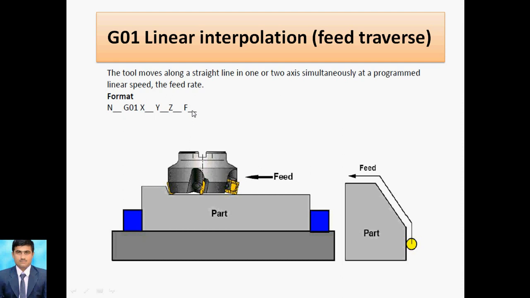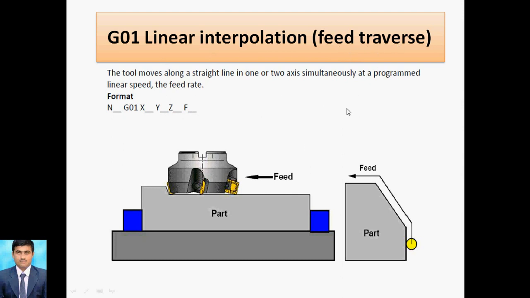It is expressed per minute. N indicates the sequence number, for example N01, G01 is linear interpolation, XYZ are the coordinates, and F is the feed rate. So this is regarding linear interpolation, or you can say feed traverse.